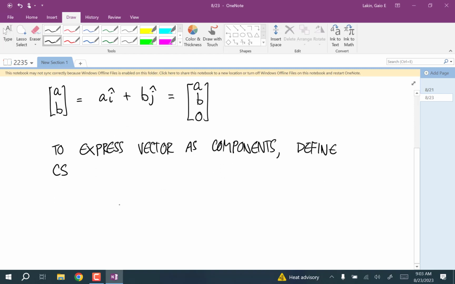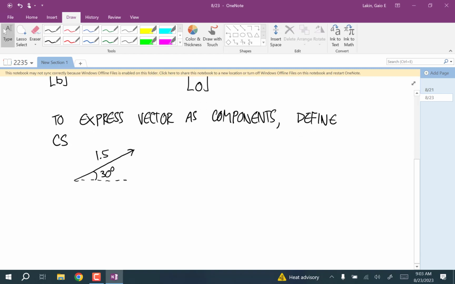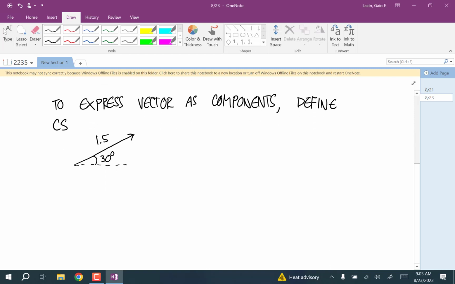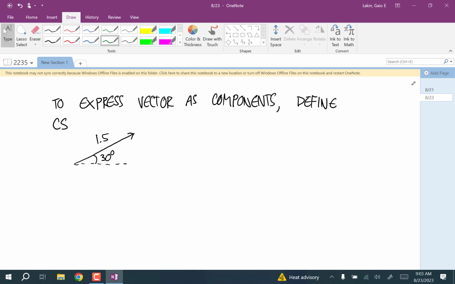For example, if you have a vector that has a length of 1.5 and makes an angle of 30 degrees with the horizontal, what are the coordinates of that vector? What are the components of that vector? Well, it depends on the coordinate system.